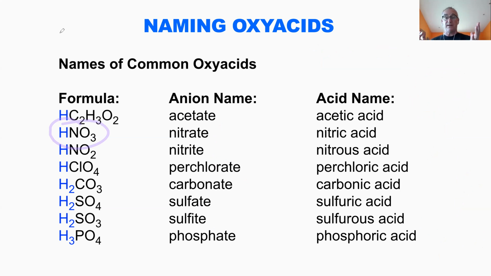So that is going to be used a lot. Sulfuric acid separates completely in water, so that is one of the strong acids. And then phosphate, as I mentioned, we're going to see phosphoric acid occasionally. So those are the main ones to think about.